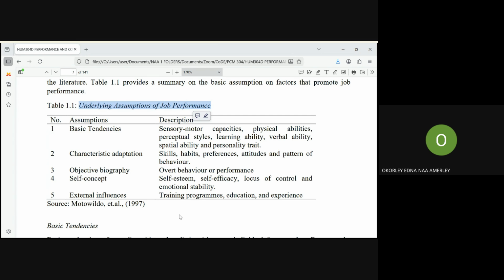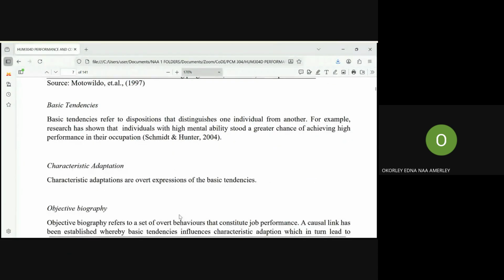So what are the open behaviors that the person will use to do the job? And then how does the person view himself under self-concept? How does he view himself? Is he emotionally stable? Does he see himself as important? He can do whatever he wants to do. And then what are the external influences? Does he need some training programs? In fact, these things have been even explained down here.